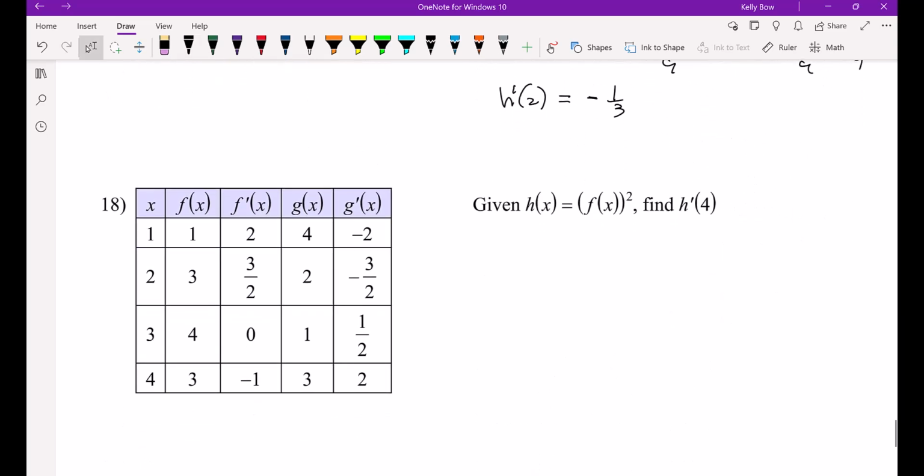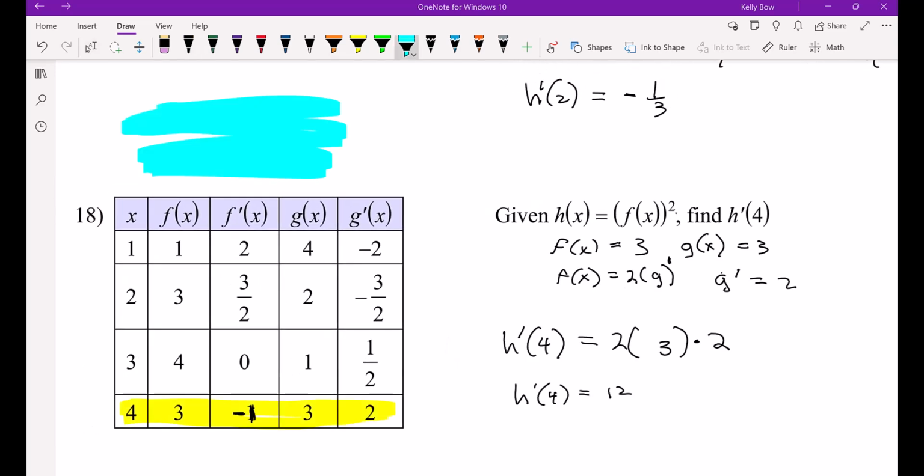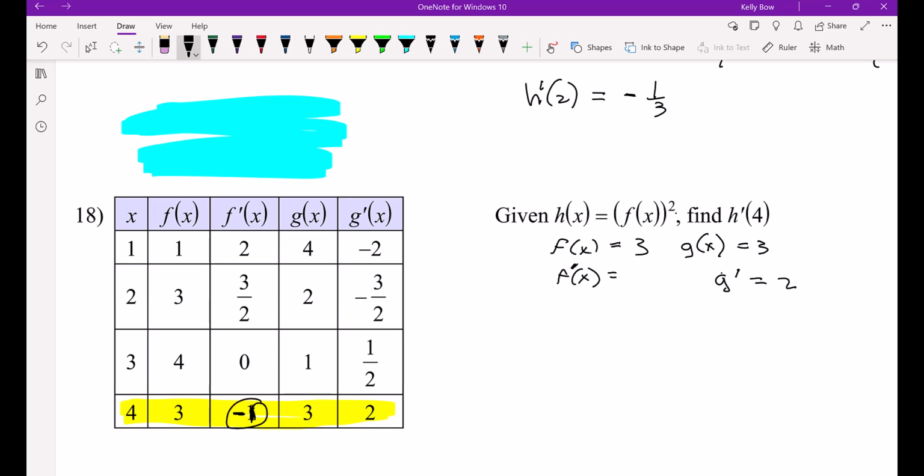Okay, now we've got a chain rule. So we're going to go ahead and back this up a little bit, and use this information right here. All right, so h prime of 4 in this table method. Even though normally it would be 2 times all of that, what this table is saying is that we know what that is, and that it's going to simplify.